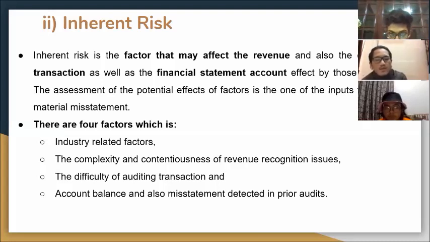There are four factors. First, industry-related factors. Second, the complexity and the continuousness of revenue recognition issues. Third, the difficulty of auditing transactions. And last, account balances and misstatements detected in prior audits.